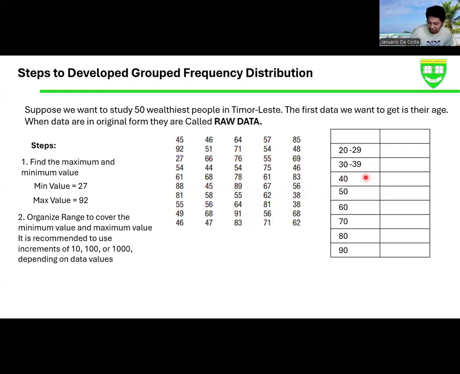You do the same with the rest: 40 to 49, 50 to 59, 60 to 69, 70 to 79, 80 to 89, and 90 to 99. This is what you call the age range, the ranges of the ages of the 50 wealthiest people in Timor-Leste.